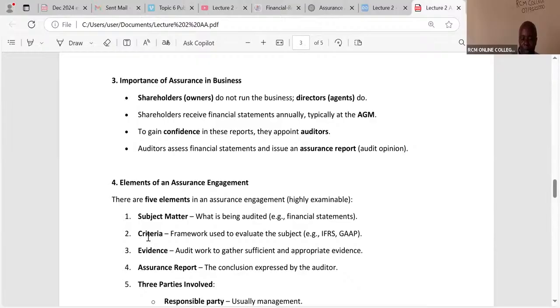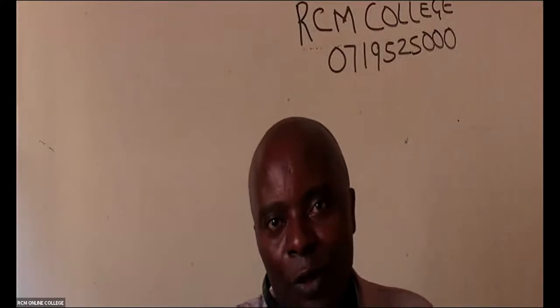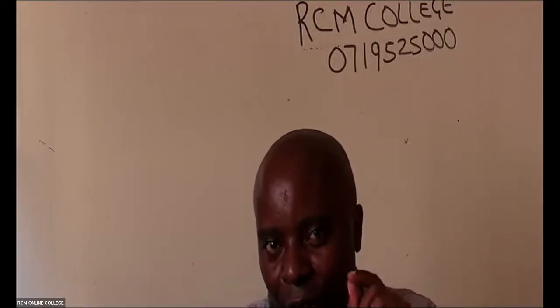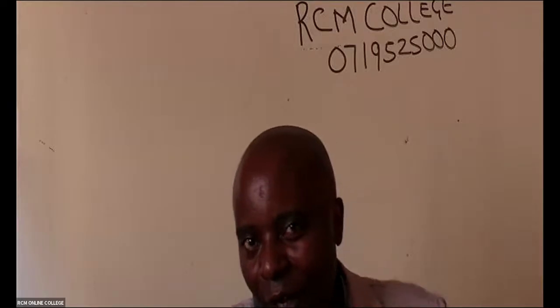No, there must be a framework, the criteria. The framework used to evaluate the subject matter, which in our case is the famous International Financial Reporting Standards. So I'll be asking myself, if these guys have made a provision for some legal services, have they followed the IFRS framework? If they have, good. If they have not, bad.